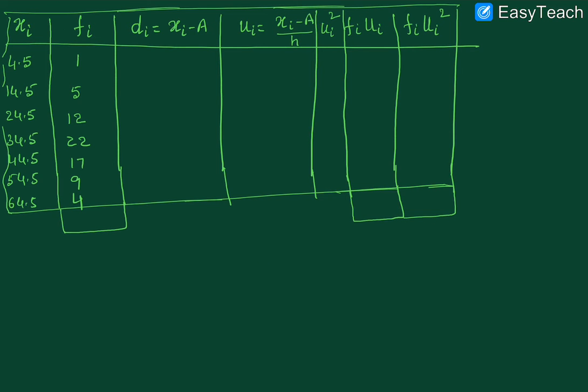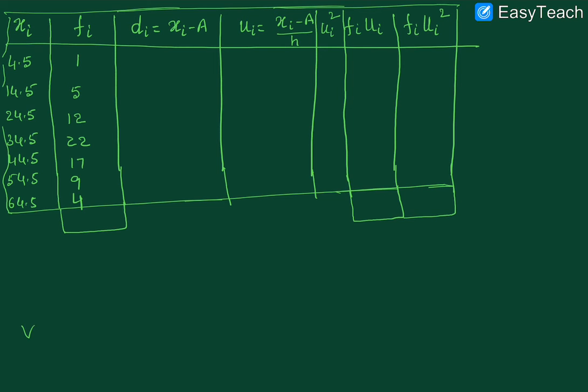Let's see here. A frequency distribution is given. So mid values are given: 4.5, 14.5, 24.5, 34.5, 44.5, 54.5, 64.5, and their respective frequencies are also given. In that case, how to find out variance?